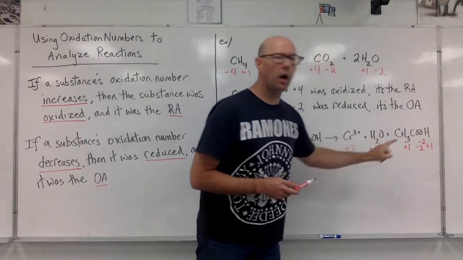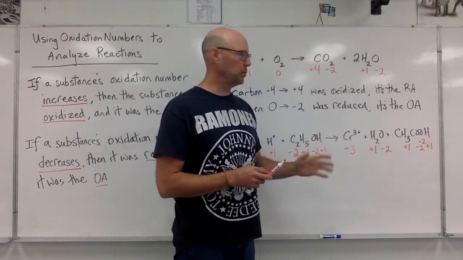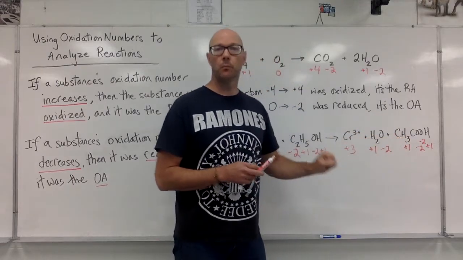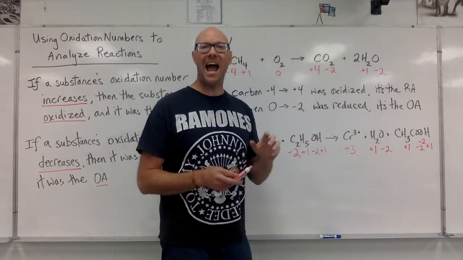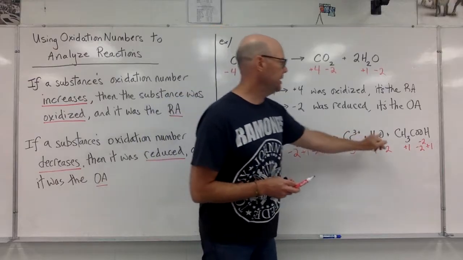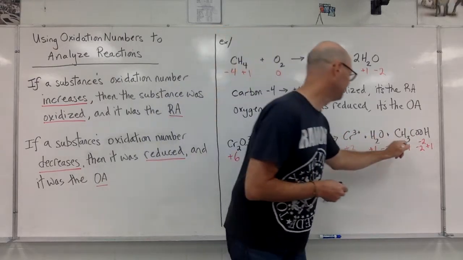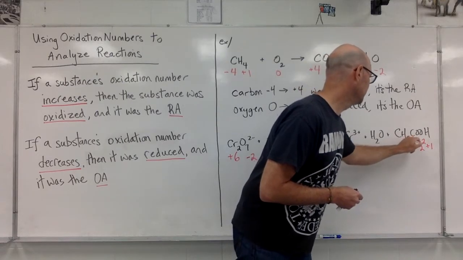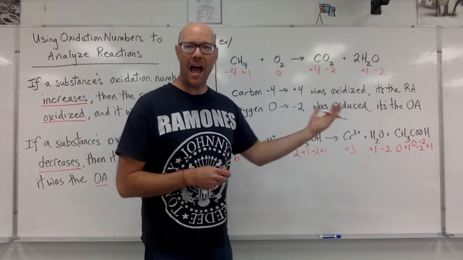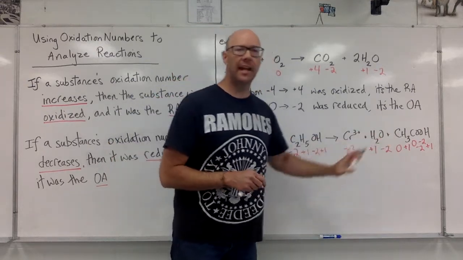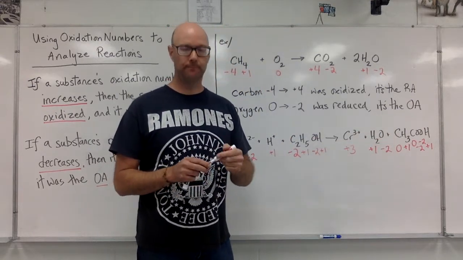We have 2 oxygens, each -2, that's -4. So the hydrogens together with the oxygens already add up to 0. So these 2 carbons are both 0. When we add all of those numbers up, it does add up to 0. The acetic acid has no charge.